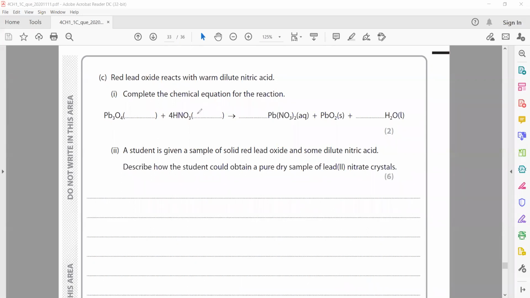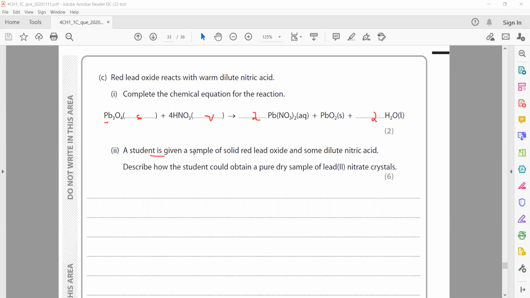These are the state symbols: solid, aqueous, solid, and liquid. What about lead? What number should I place? Because three lead are there, one is already there, so I should put 2. Why 2? Because we have 3 lead, and one is already there. And what about hydrogen? 4 hydrogen, so I need 4, so that's why I will put 2 for nitric acid.